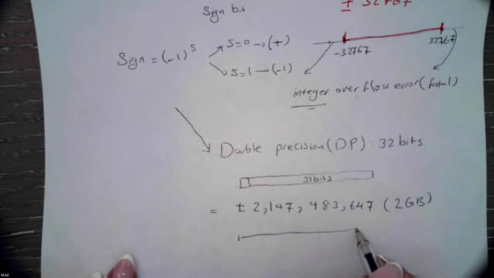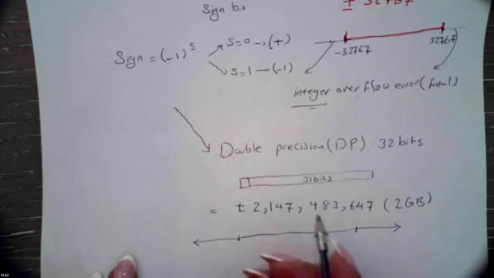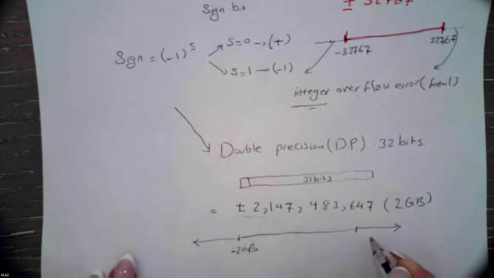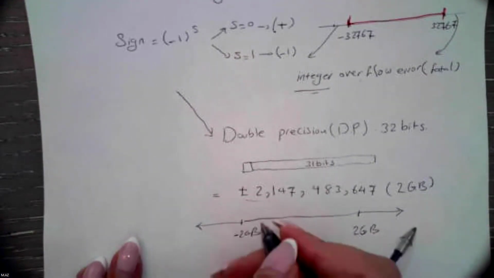If you are attempting to write any number larger than this value, meaning 2 GB, what happens?